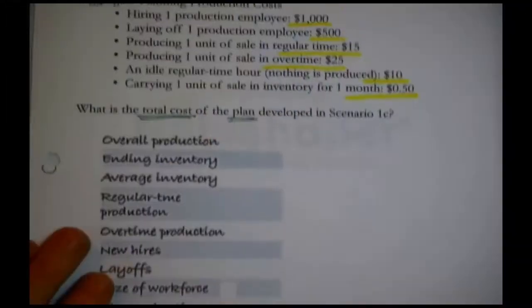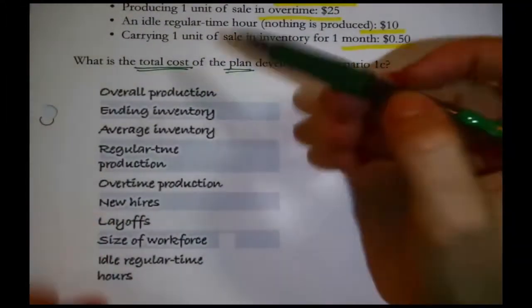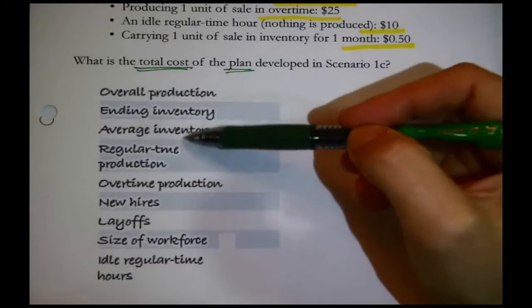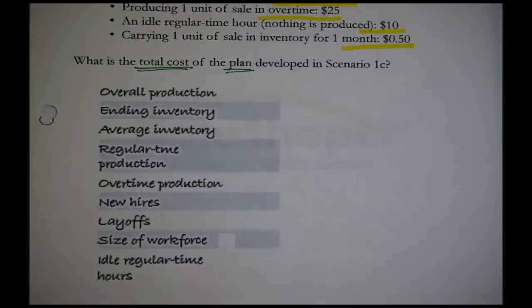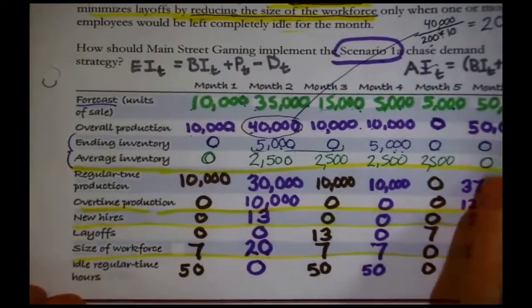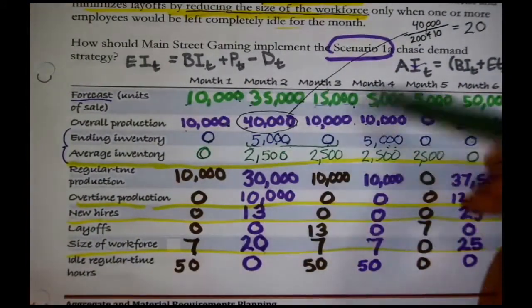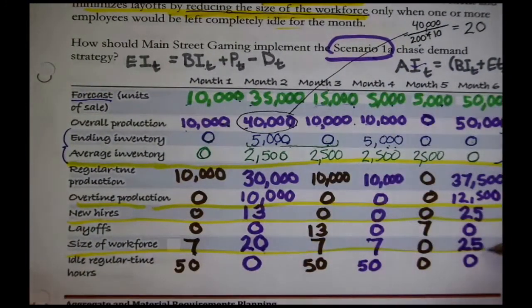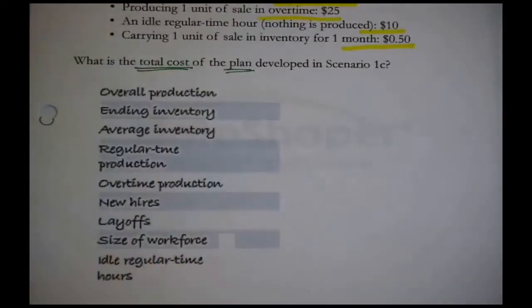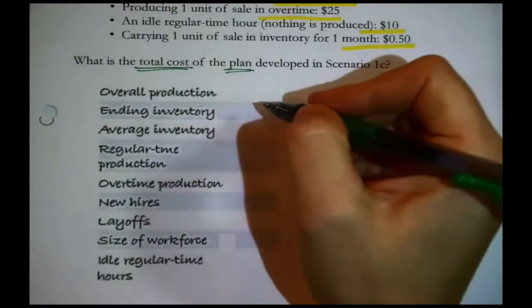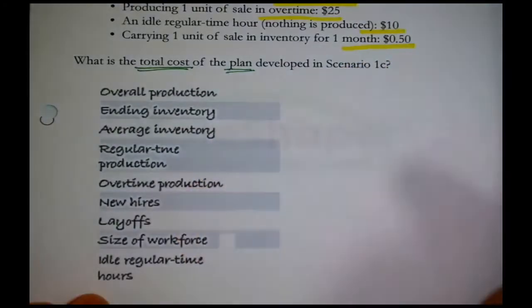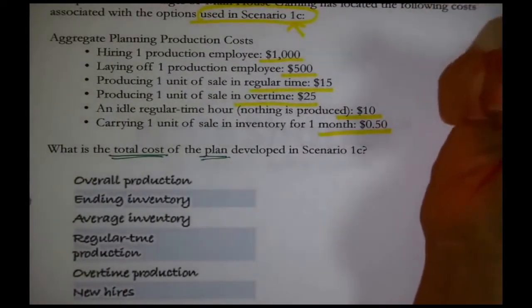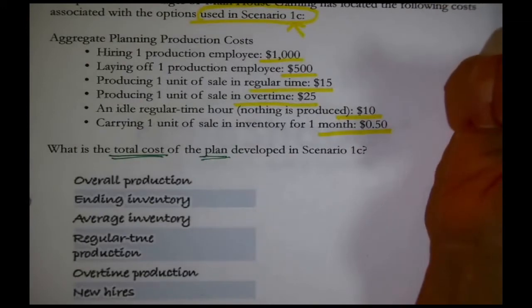Now, you can see this list here is just copied row labels from the original I saved, scenario 1C. Here we were working, all these calculations, how to implement the plan. Now, the question is, what here are we charged money for? I just think the easiest thing is let's just go down the list.